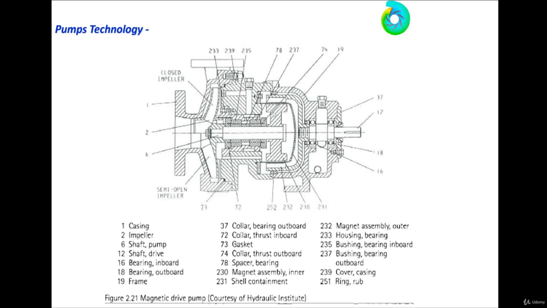Then there is a rotation due to the different magnetic field, north and south, north and south, making the inner shaft rotate as the outer one is rotating. So this is the main idea. There is no need to install a seal because the shaft does not continue out to the motor.